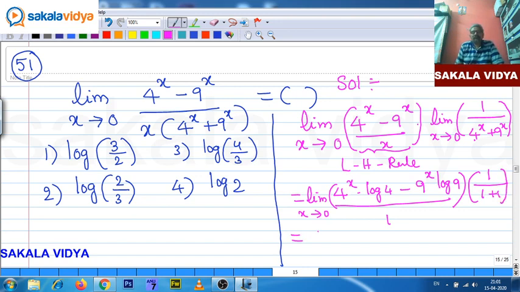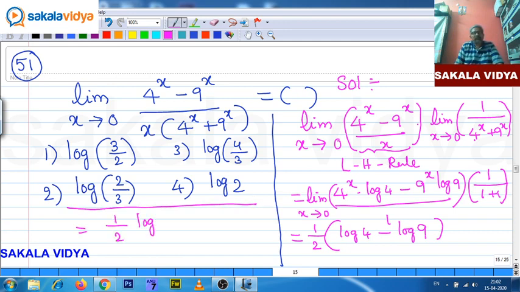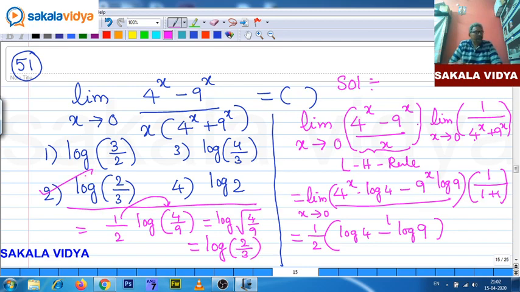This is 1 by 2 into (1 into log 4 minus 1 into log 9). So we get log a minus log b, which means log of a by b, that is 4 by 9. Now the power can be taken back: log of (4 by 9) whole to the power of half, that is root of 4 by 9, which equals log of 2 by 3, our answer. So, second option is the right option.